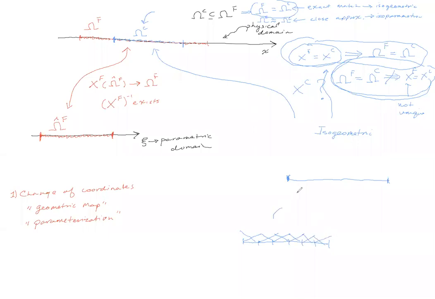And then we create our map. Let's say we create our map X F equal to, let's see. Actually, we could probably do this.